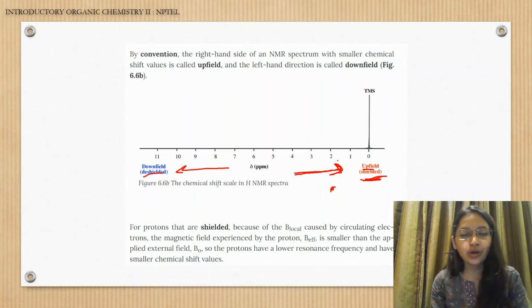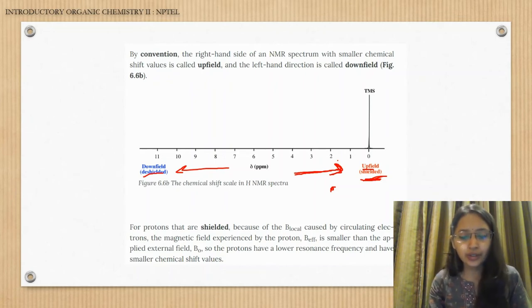Only if the electron density is high will it generate a secondary magnetic field which is very high compared to the applied magnetic field. That is why it is going to give you a shielded resonance frequency.